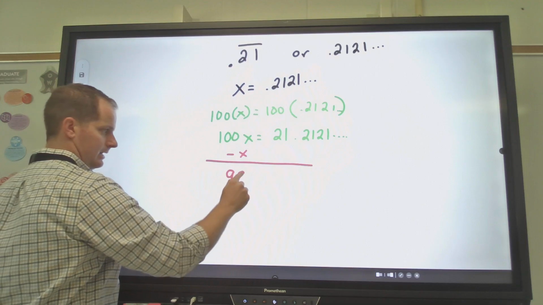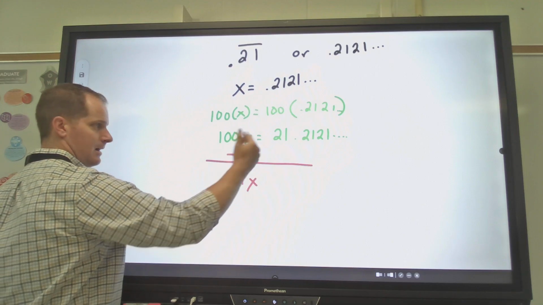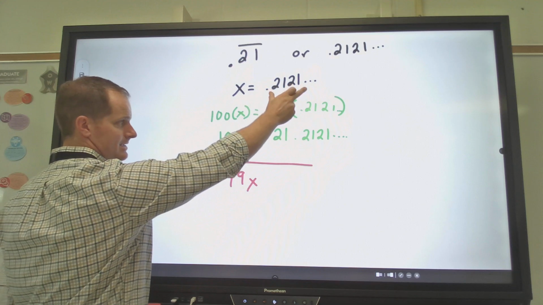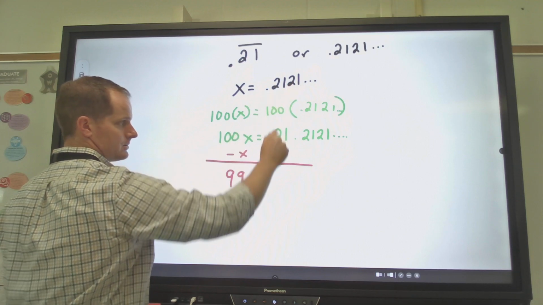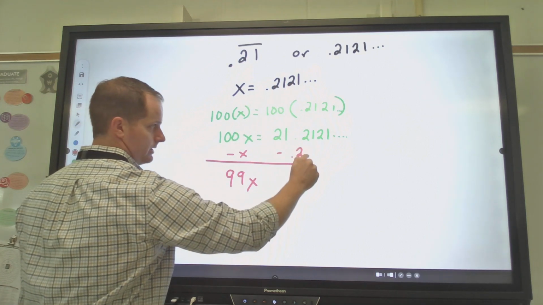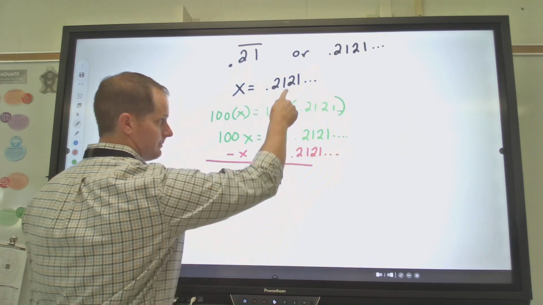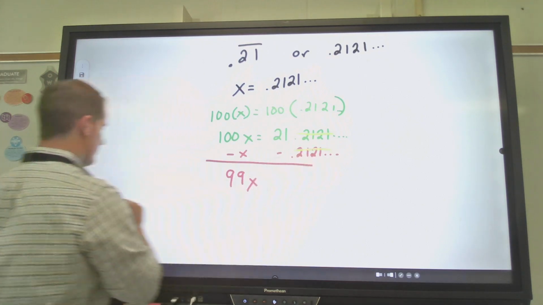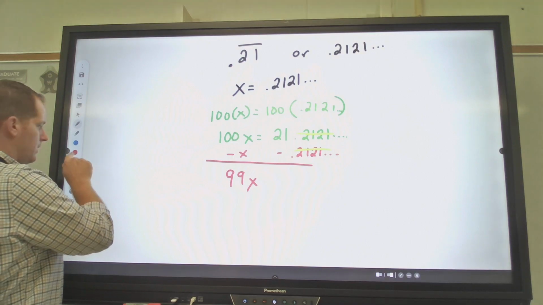We get 99x. The same thing on the right side, we're going to subtract by x, we just have to make sure that it is in fact like terms. So what is x? X is in fact this amount. When I subtract, on the right side I'm left with 21.